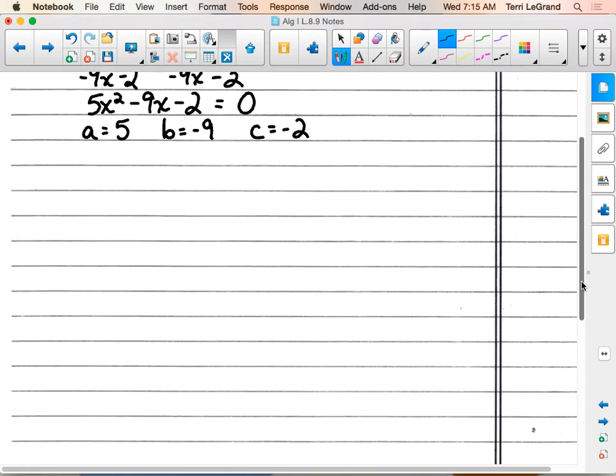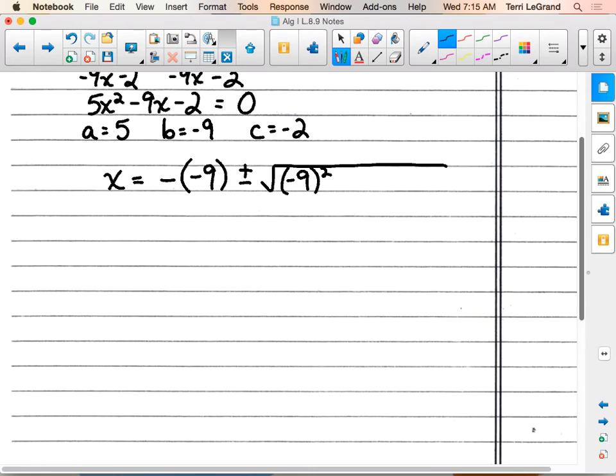Now we will sub into our quadratic formula. X equals the opposite of, remember when we sub in, we're putting in parentheses, our b value is negative 9. We have our plus or minus, radical sign, negative 9 in parentheses for b.